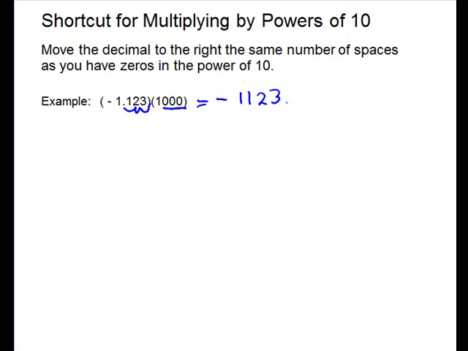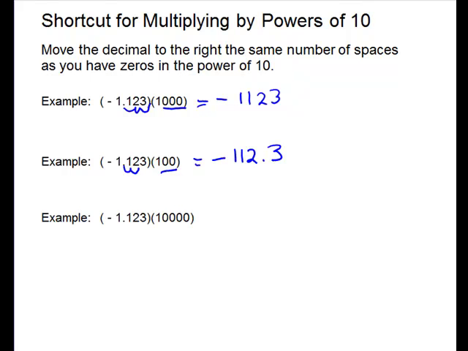And now the decimal is at the end, so we don't have to show it because it moved from here. 1, 2, 3. If we had only multiplied by 100, 100 has 2 zeros. It would have moved the decimal to the right 2 places, and we would have had negative 112.3.